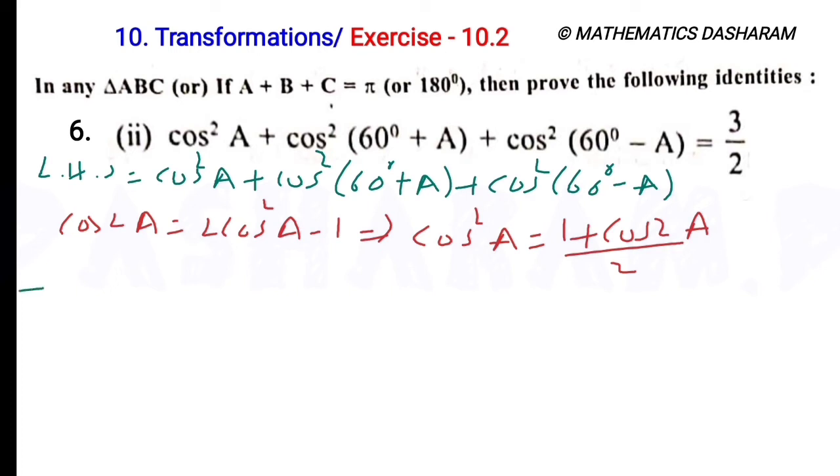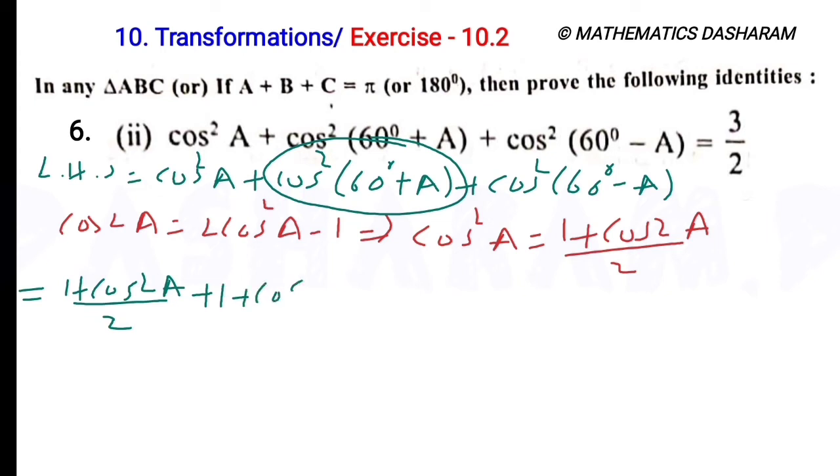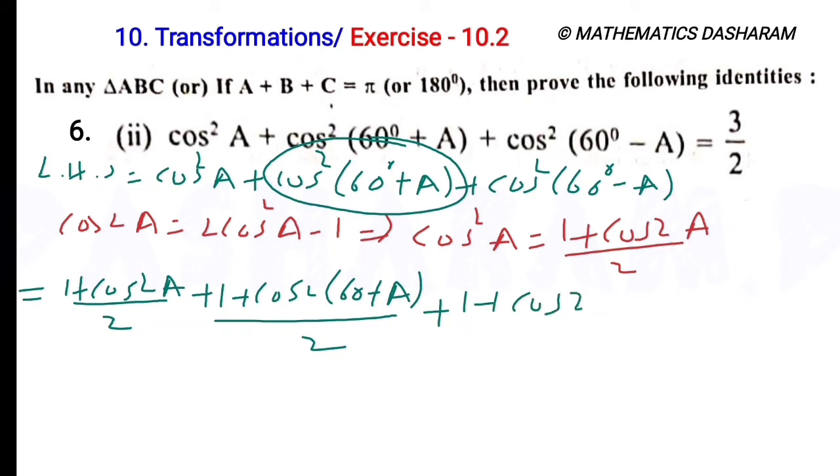So apply this formula for the LHS: (1 + cos 2A)/2 plus, here also the same, but the value is 60 + A, so (1 + cos 2(60 + A))/2 plus (1 + cos 2(60 − A))/2.